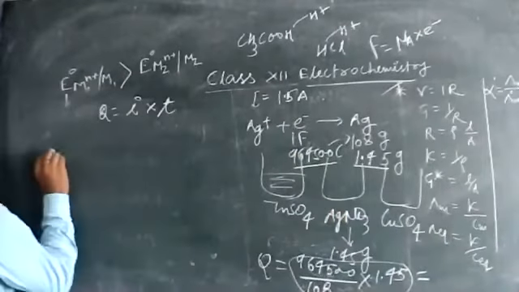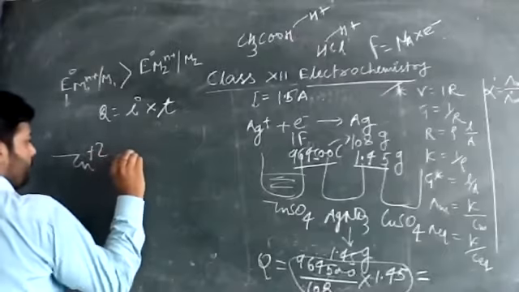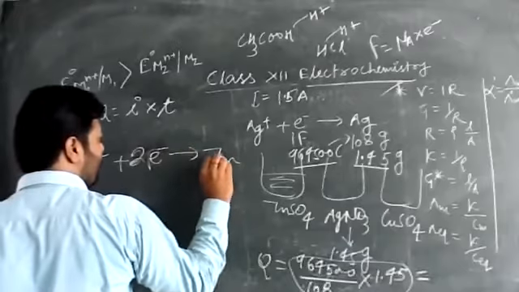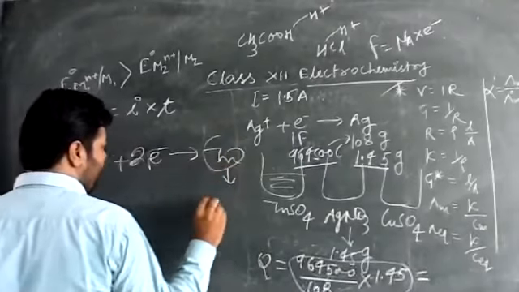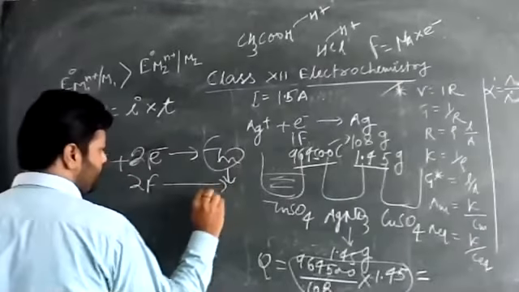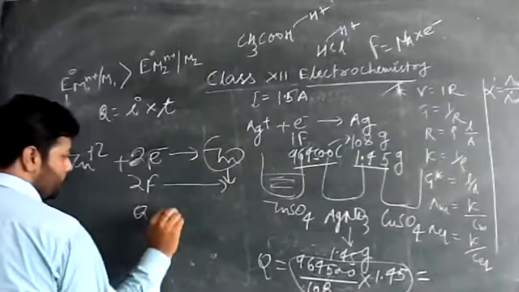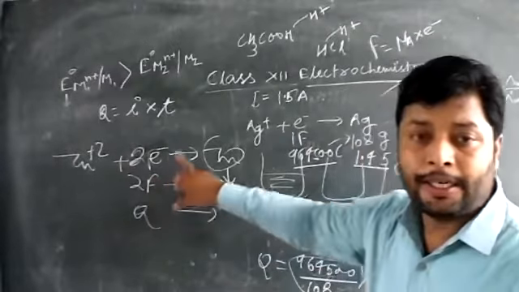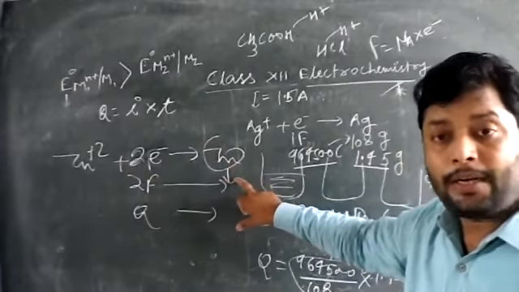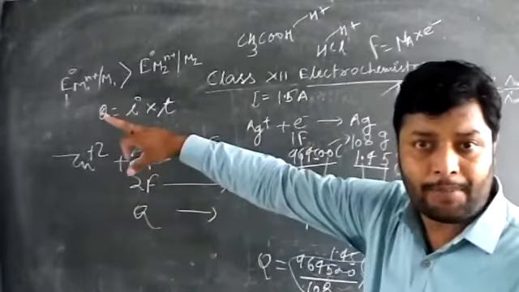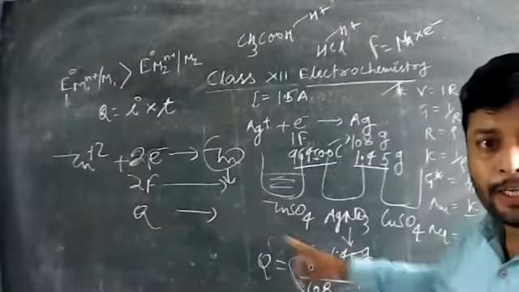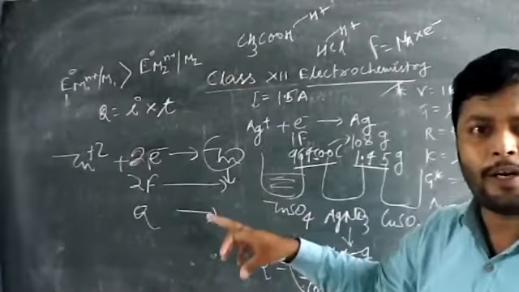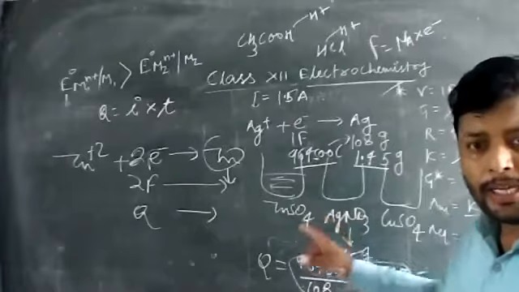How about zinc sulfate? For zinc sulfate, 2 farad of charge is required to deposit one mole of zinc on the electrode, so from the amount of charge you can calculate the amount of zinc deposited. The amount of charge is given, so this amount of charge will deposit that amount of zinc on the electrode. The charge is the same for zinc and for copper.